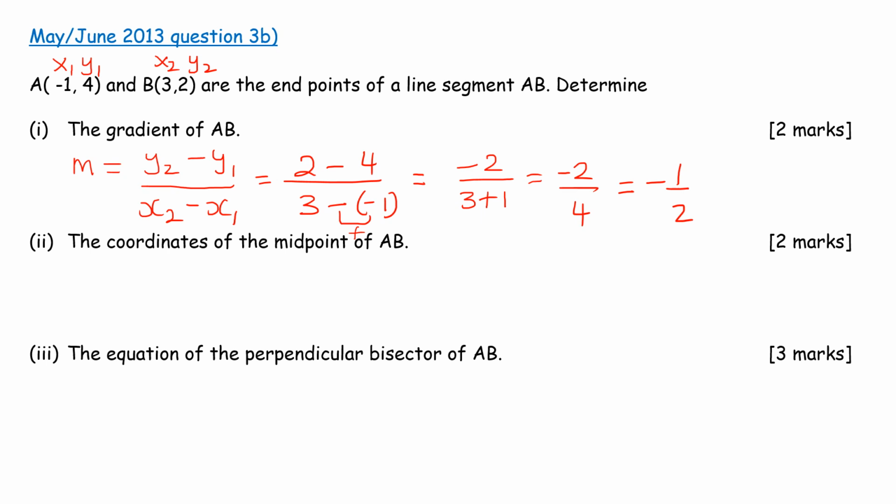Okay, so the gradient is -1/2. Next, the coordinates of the midpoint of AB. The formula is midpoint equals x1 plus x2 divided by 2, y1 plus y2 divided by 2.